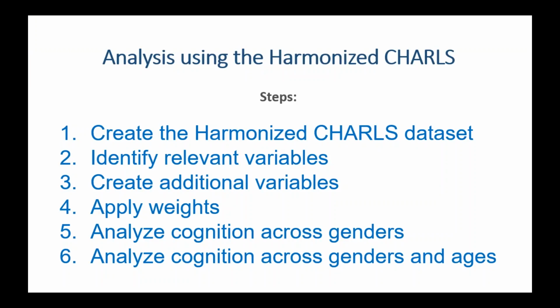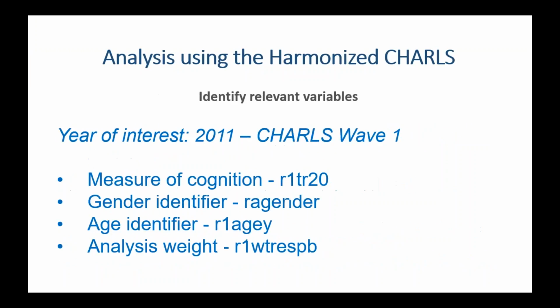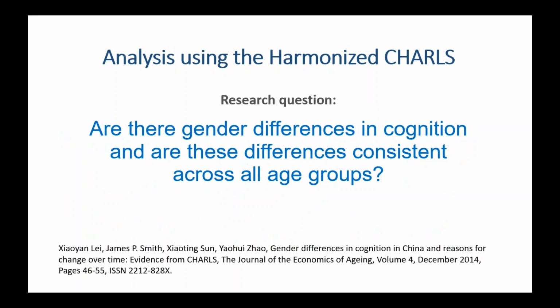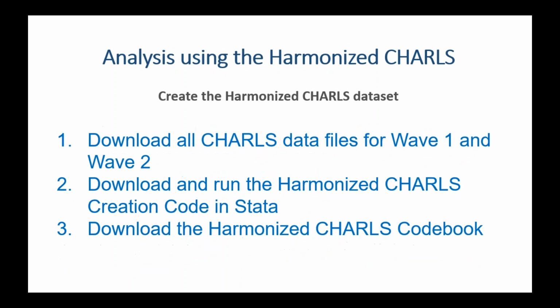The next step is we want to identify relevant variables. So for our question, we're going to pick 1 year of interest. We're not going to look at 2 years. So we're just going to look at 2011, which was wave 1 of Charles. So remember that our question is, are there gender differences in cognition, and are these differences consistent across all age groups?